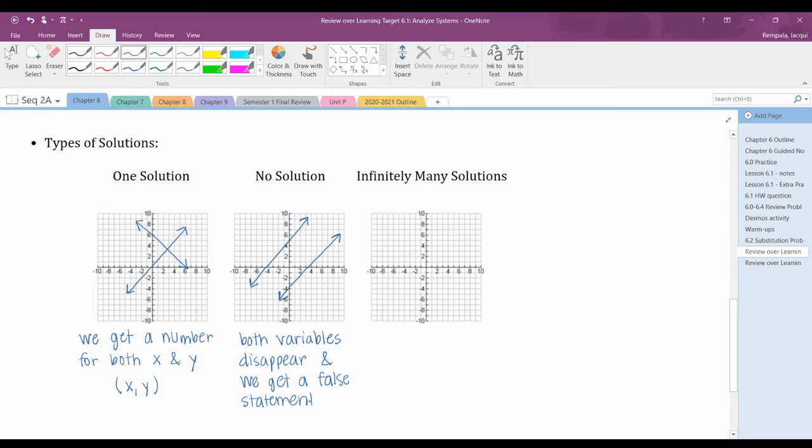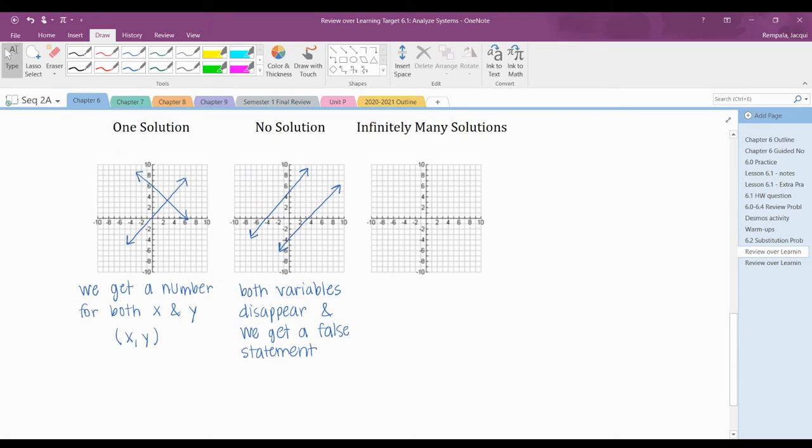So if all the variables disappear, we get something like 2 equals negative 1. Well, 2 does not equal negative 1. That's a false statement that tells us that we have no solution.